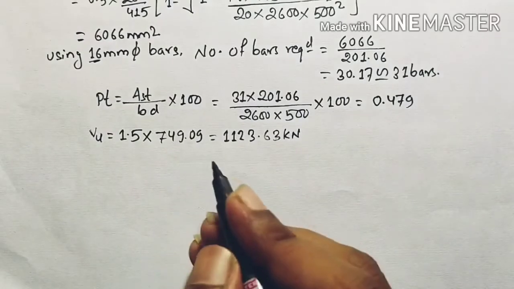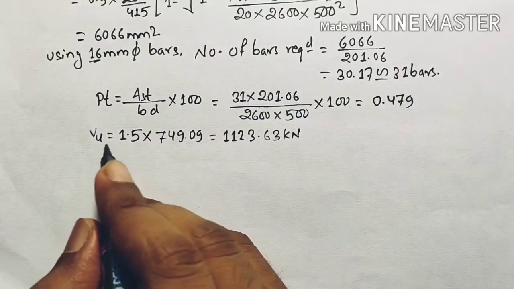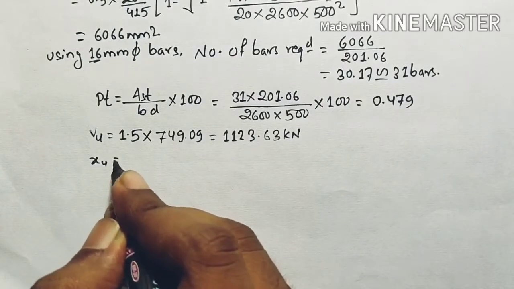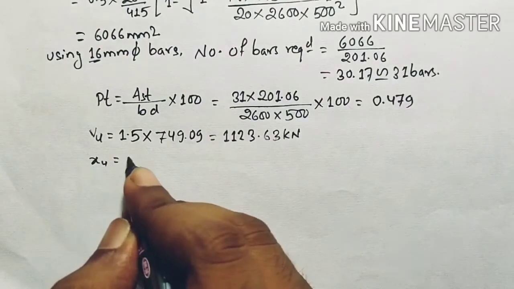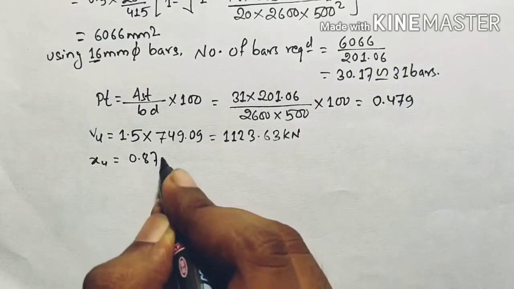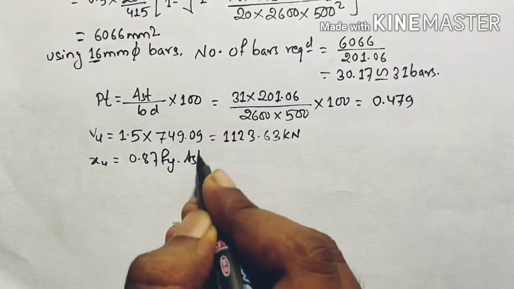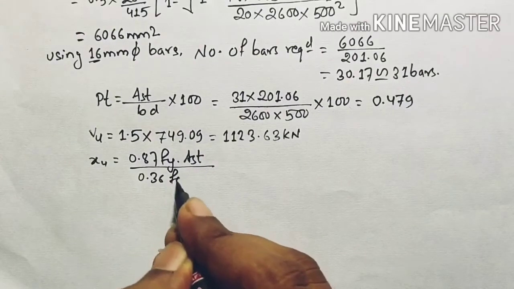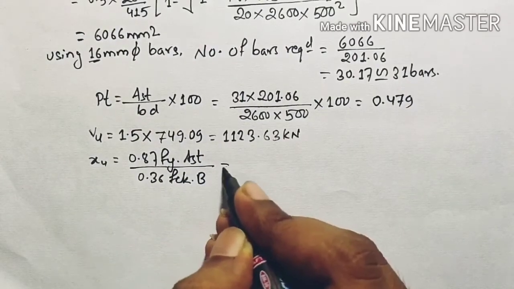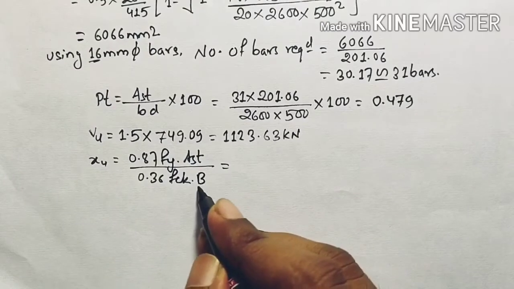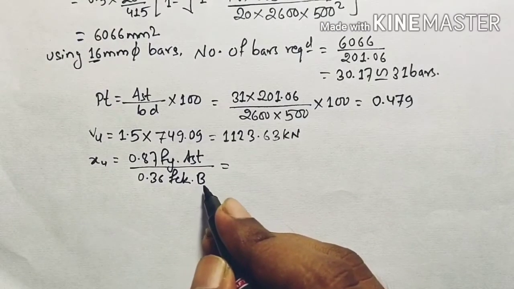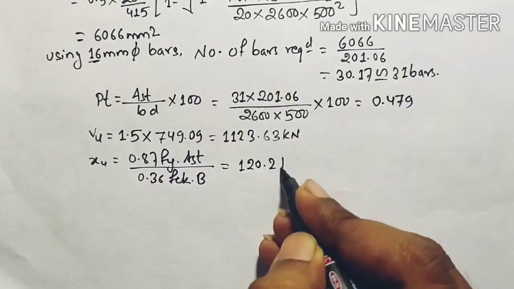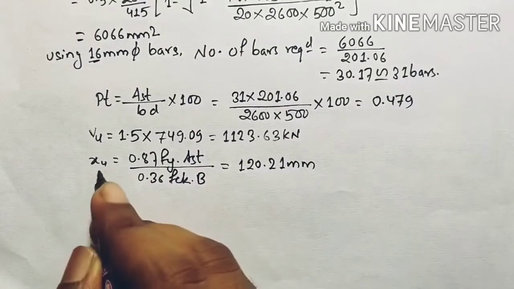Now after finding the value of Vu, let's find out Xu, means the depth of the neutral axis, and we have the formula for finding Xu, that is 0.87 fy into Ast by 0.36 fck into b. Now put down the respective values, and the b is 2600 millimeter here, so we will get here 120.21 millimeter as the value of Xu.